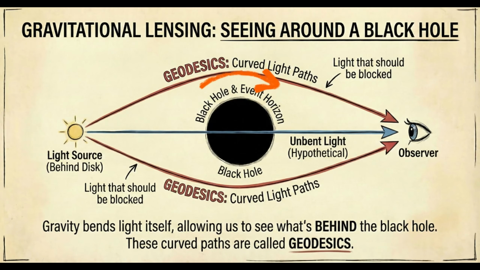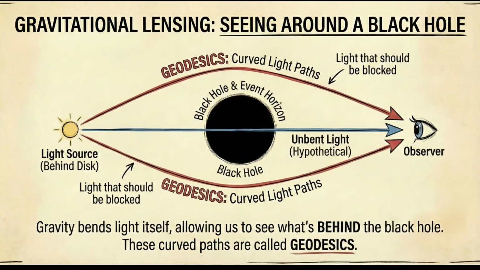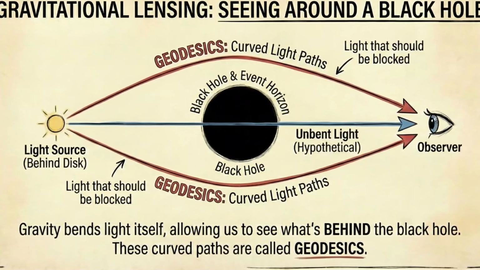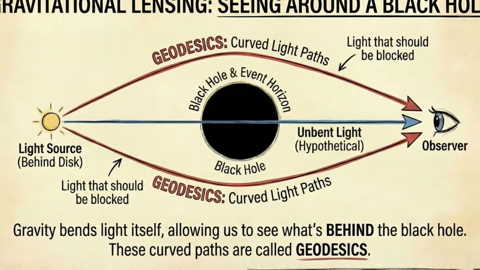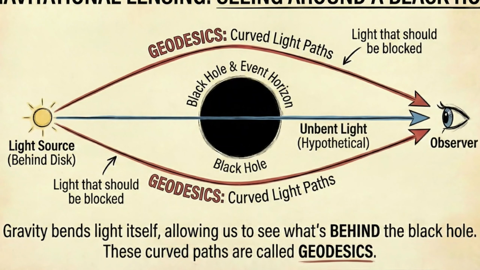Notice the light going over the top and under the bottom? That's gravitational lensing. Gravity is so immense that it bends light itself. Light doesn't travel in straight lines near a black hole. It follows geodesics, the shortest paths through curved spacetime. The black hole's gravity is bending those paths so dramatically that light from behind the black hole curves around and reaches us.